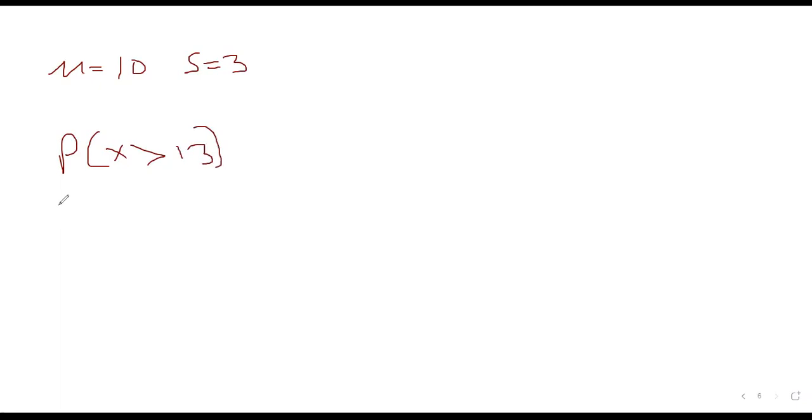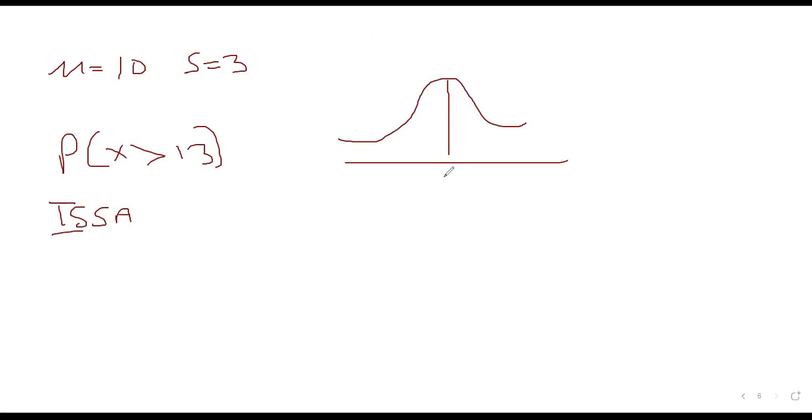So we're going to use my own formula called ISA. ISA acronym: illustrate, shade, standardize, and apply. So using our table, we know that the mean is always in the middle here, and the mean is equivalent to 0. Then 13 is on the right side of 10. If I had a 6, I'd have put it on the left side of 10.